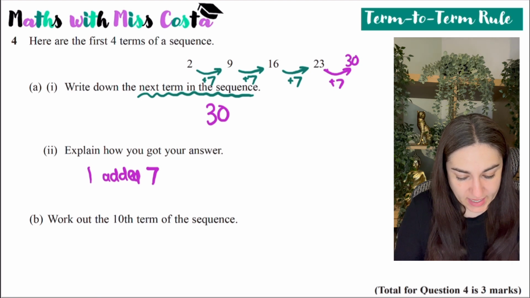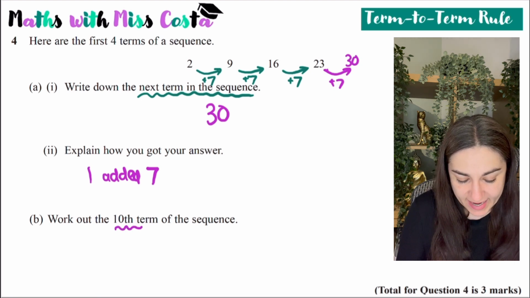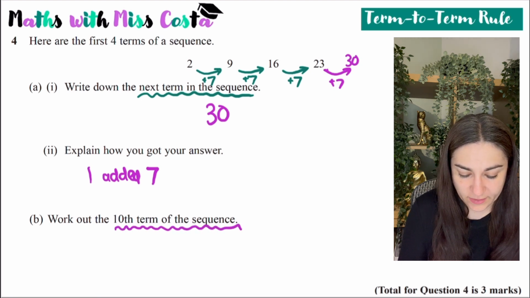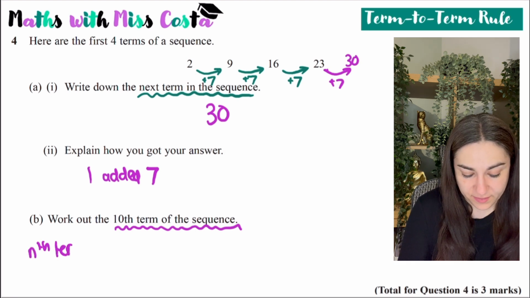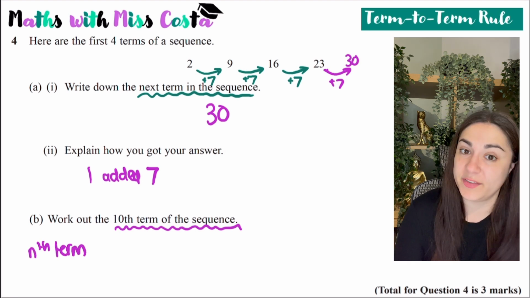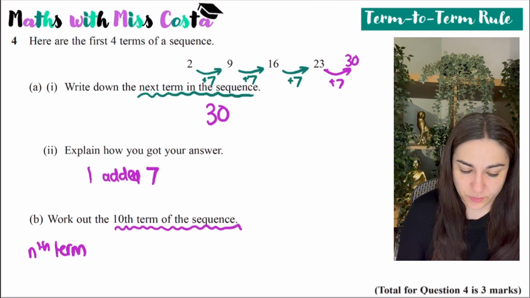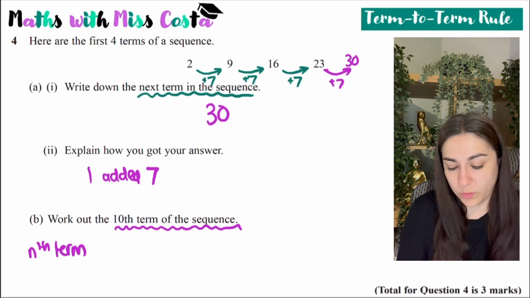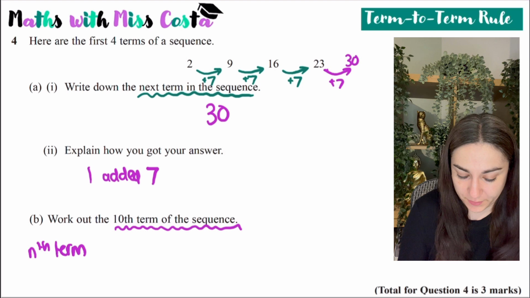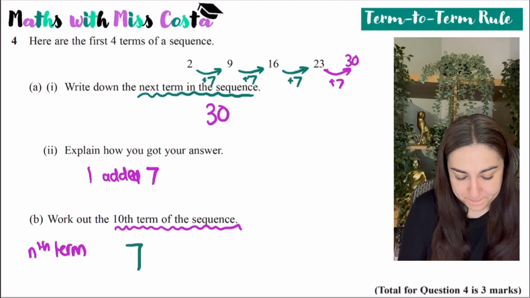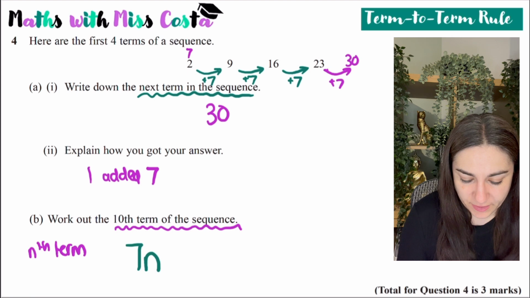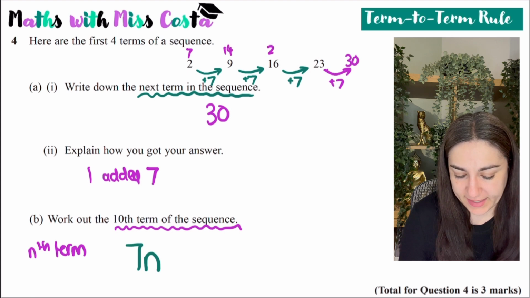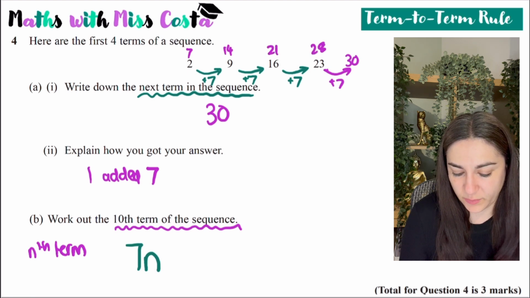And then I need to work out the 10th term of the sequence. This is where I need to use what is called the nth term, which is the rule of the sequence. You work out the rule by first deciding what times tables your number goes up in. It's going up in 7 times tables, so we're going to write 7n. If it was the 7 times tables, it would look like this: 7, 14, 21, 28.